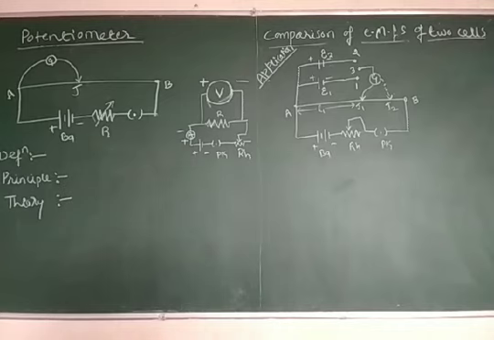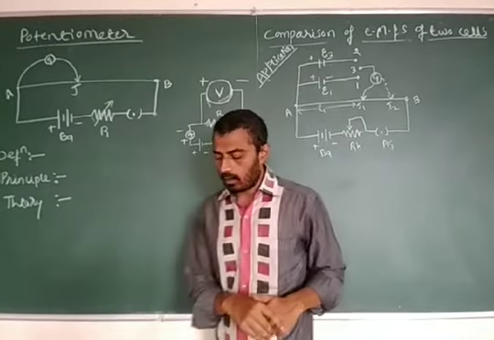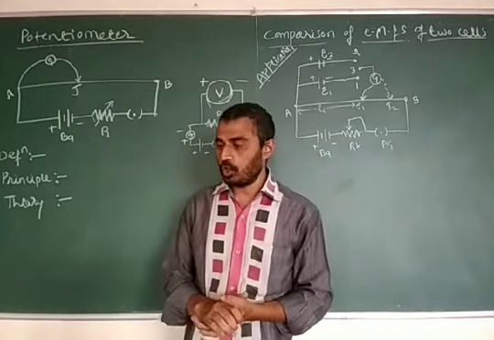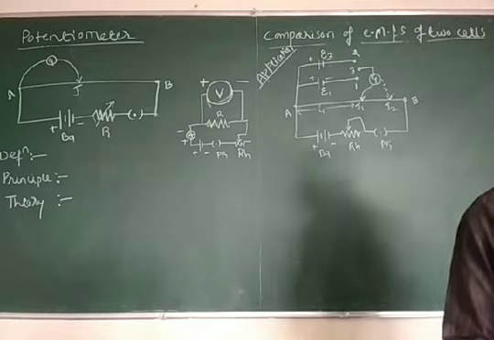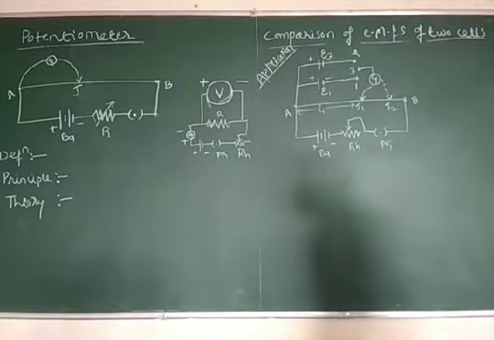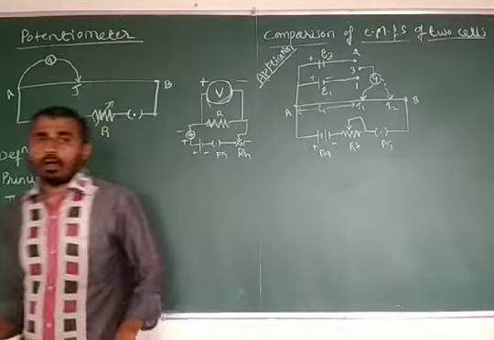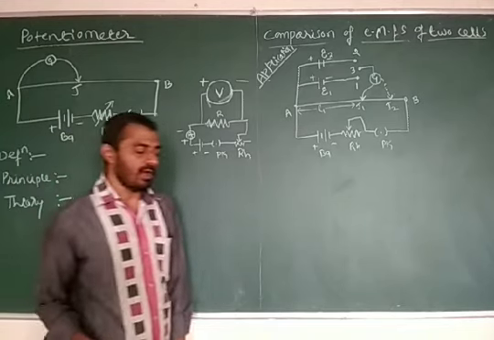Students, we continue with another device or an instrument called a potentiometer. A potentiometer is an instrument or device used to measure the potential difference or EMF of a cell.